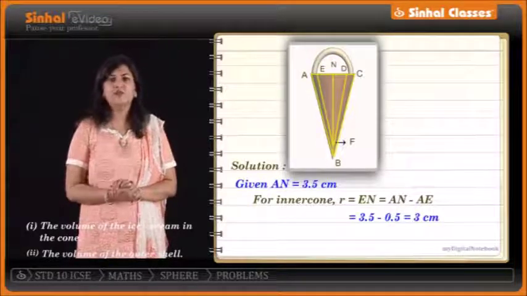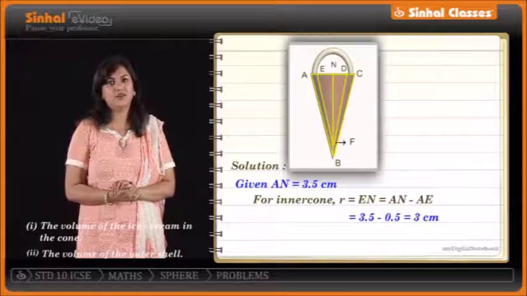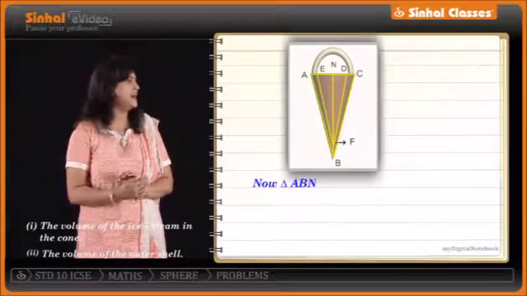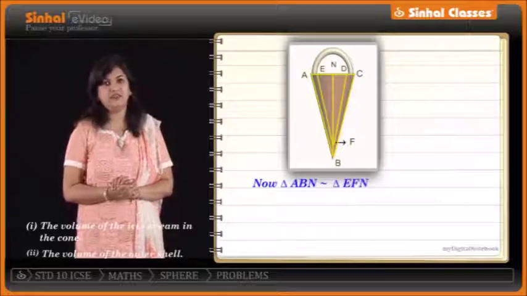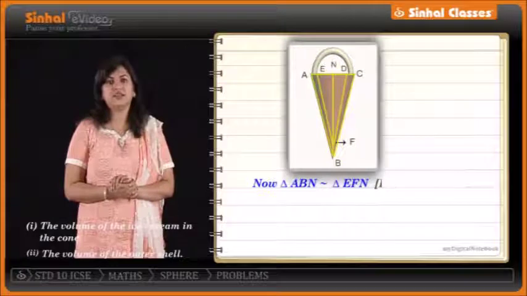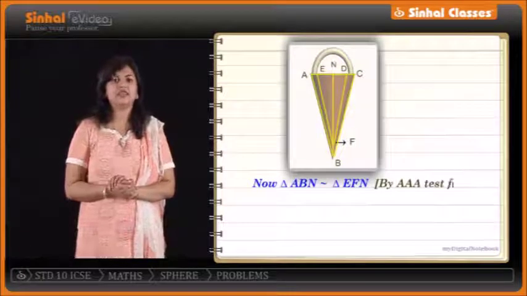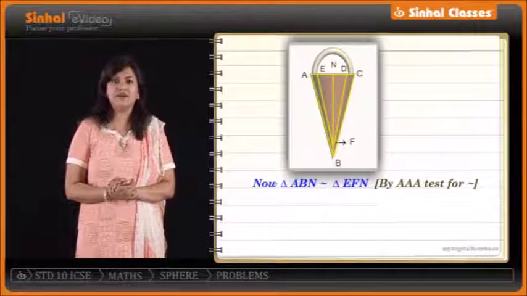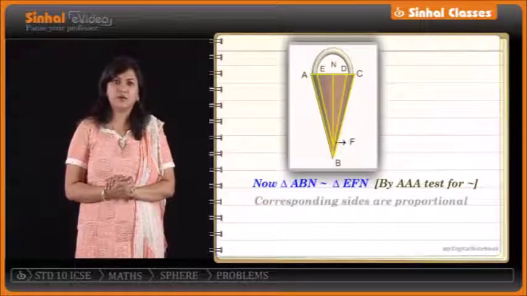Now we have to know the height of the inner cone. Let us take triangle ABN and triangle EFN. Now these two triangles will be similar to each other by AAA test of similarity. Now we know if two triangles are similar, then their corresponding sides are proportional.